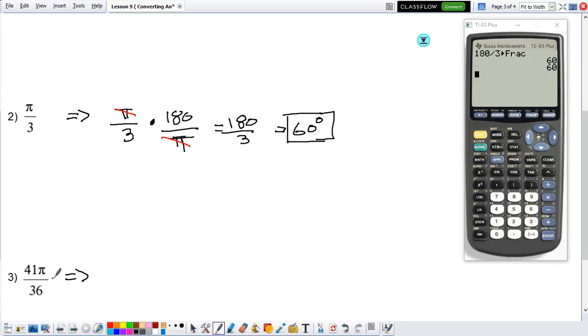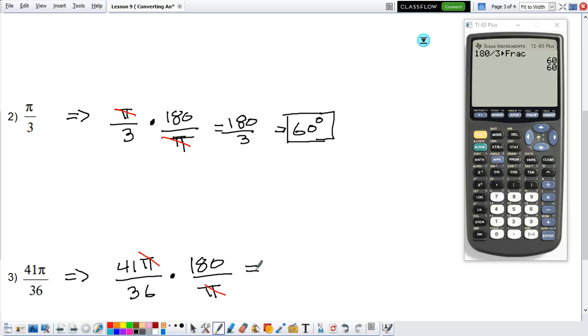Lastly, let's look at example 3. Let's convert this radian into degrees again. We're going to have 41 pi divided by 36. And again, if you want to convert it into degrees, you do 180 over pi. Notice that the pi's will cancel out.